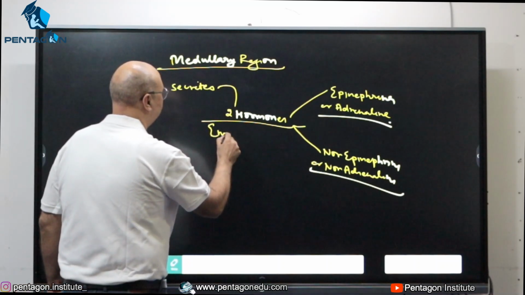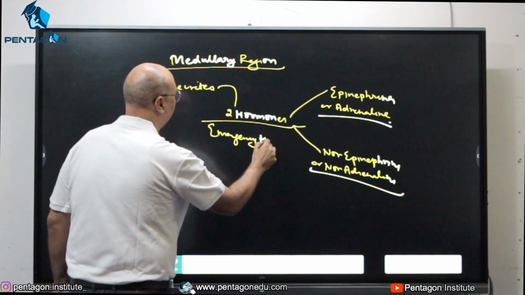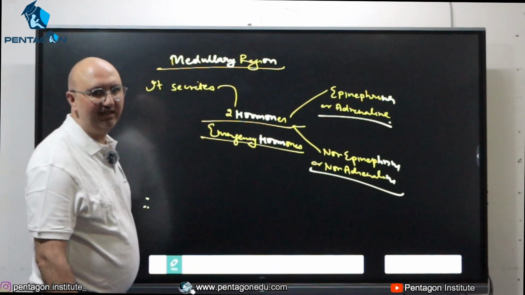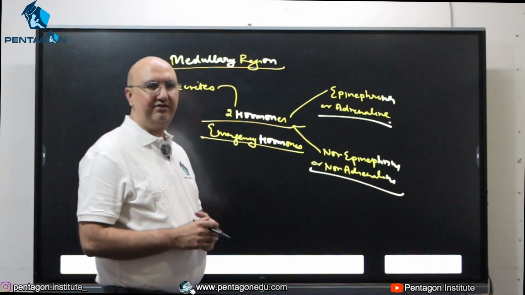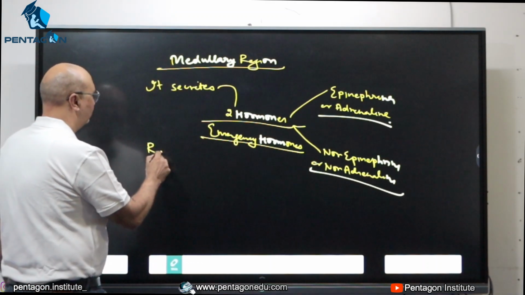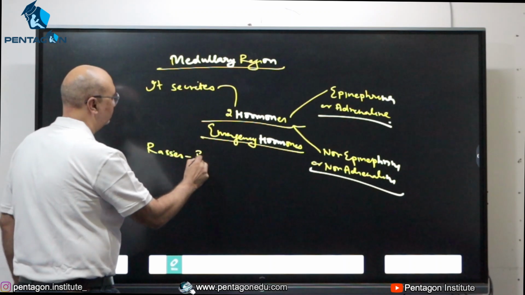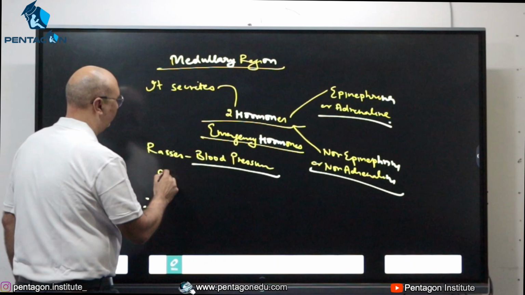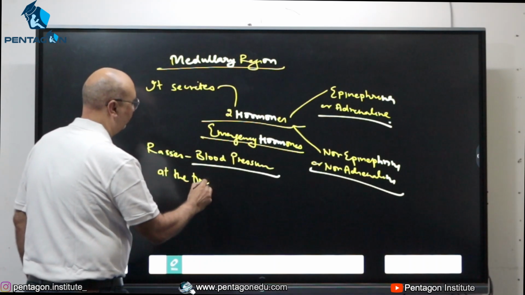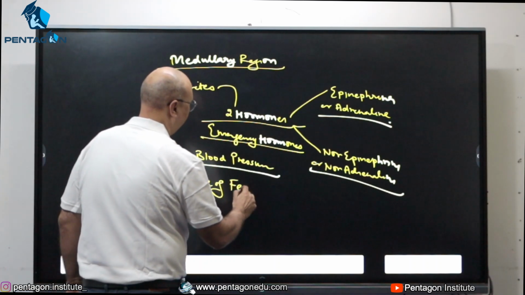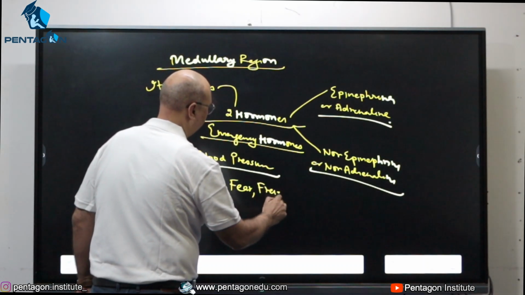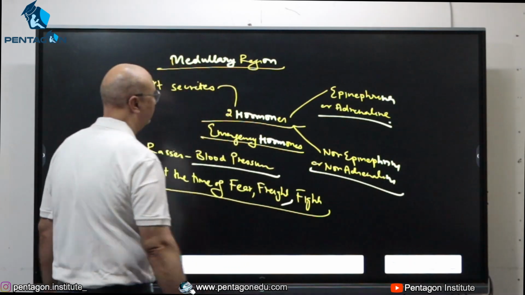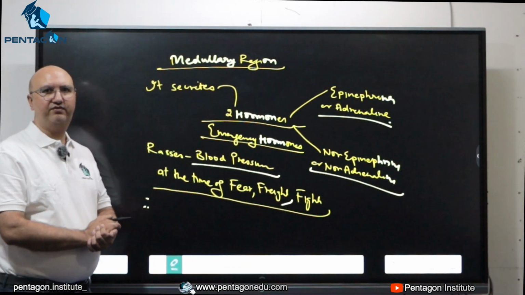These are known as emergency hormones. These hormones are secreted at the time of emergency. They basically raise blood pressure at the time of fear and fight. So these are the two hormones and their function.